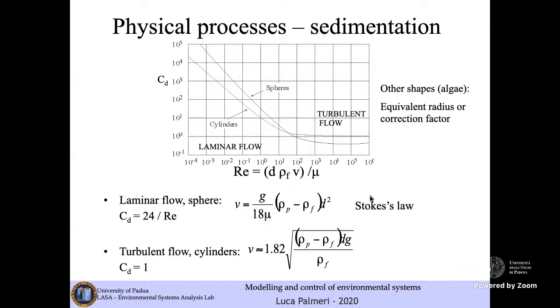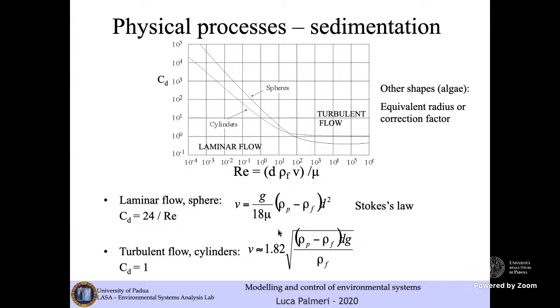In particular, we may consider another extreme condition, turbulent flow. So we are in the rightmost part of the graphic. In this case, the drag coefficient in conditions of turbulent flow is 1. And in the case of cylinders, we simply employ the surface area of a particle opposed to the motion, so the surface area projected onto the vertical line.